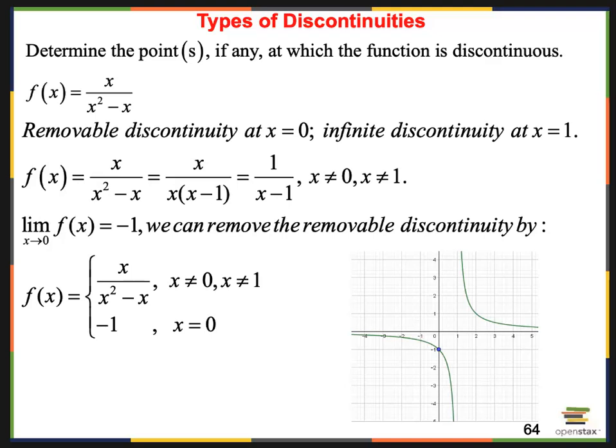Let's look at a different one here. Here we have a function, x over x squared minus x. It has a removable discontinuity at x equals 0. Infinite discontinuity at x equals 1. Okay, because think about what happens when x equals 0. Right away, we need to know what will give us 0 in the denominator.